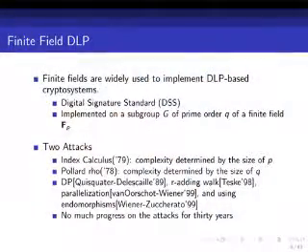This problem is popular in cryptography, used for key agreement, encryption, signature, lots of protocols. In particular, finite fields are widely used to implement these DLP-based cryptosystems, including the Digital Signature Standard, the US standard for digital signature. Usually it's implemented on a prime order subgroup of a finite field.